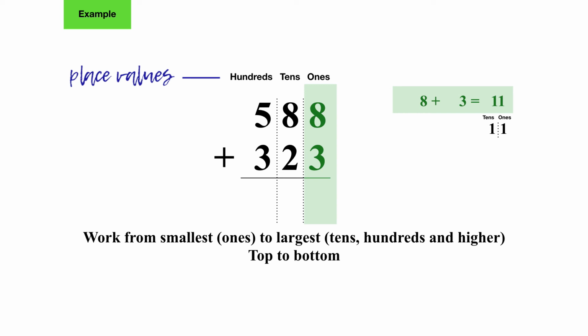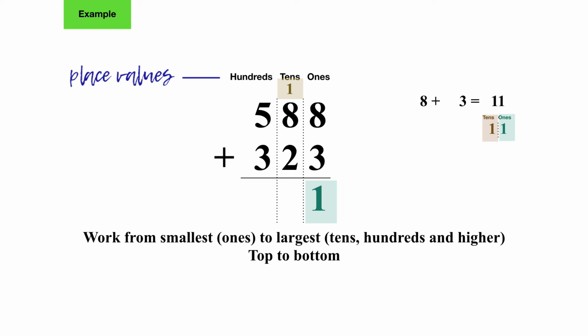I again see that I have two place values. I know I'm going to write my ones with my ones. So I'm going to write the 1 in the ones column, and I'm going to carry over the tens so that it matches up with the tens. So tens go to tens, right at the top like so.